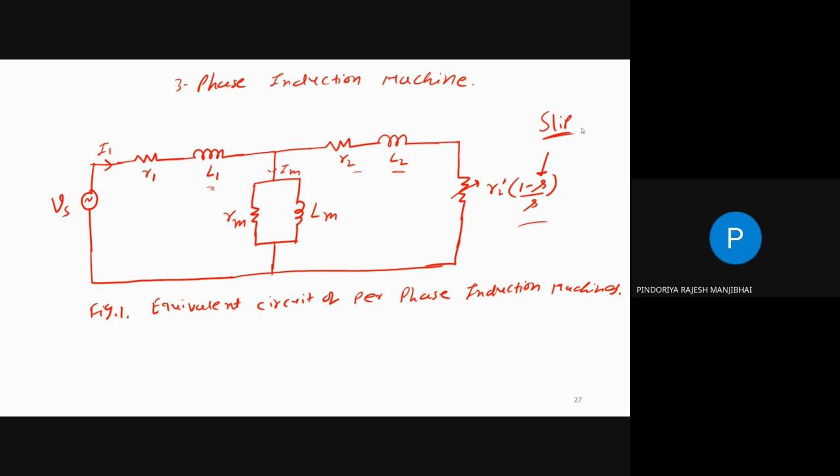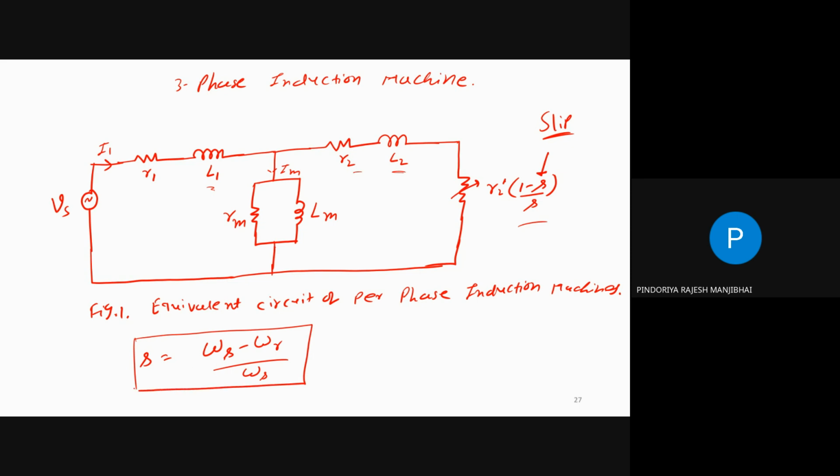Okay, so we can say slip S is equal to (omega s, that is the synchronous speed, minus the rotor speed) divided by the synchronous speed, correct?